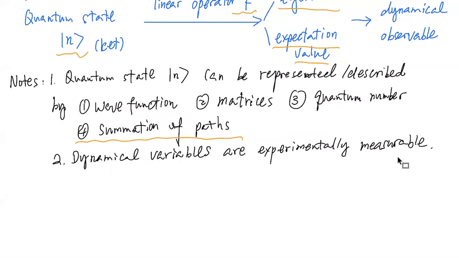But in principle, they are definitely observable. A measurement will, in general, alter the original quantum state. And this is a very important consequence of the measurement. Because after all, a measurement is really an interaction between your original quantum system and the environment. We will talk about the measurement a little bit more in this lecture. But let's first start by talking about the linear operator.